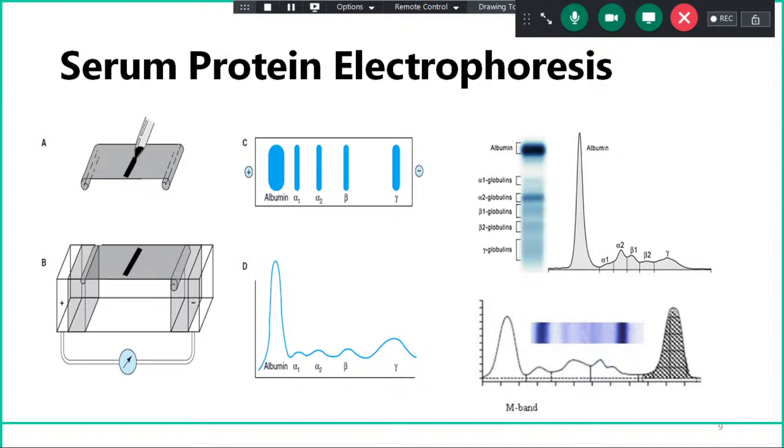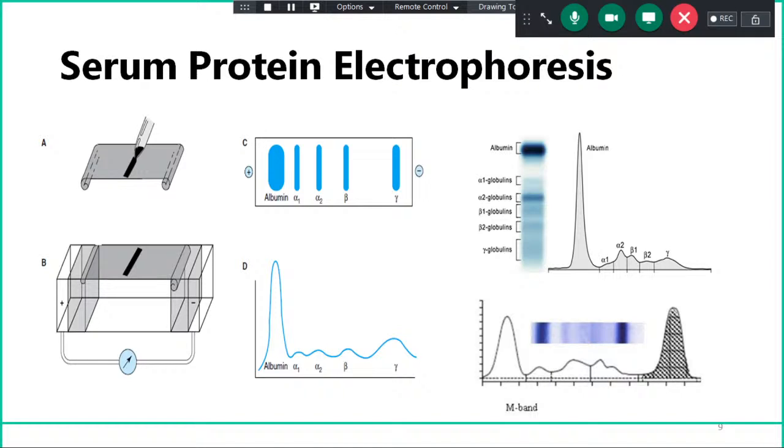So serum electrophoresis, as you were briefly told in your last lecture practical session, is the movement of charged particles in an electric field. The positively charged molecule will move toward the negatively charged electrode, that is the cathode, and the negatively charged particle will move toward the positive electrode, that is the anode.